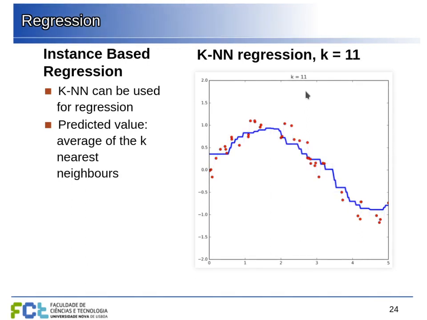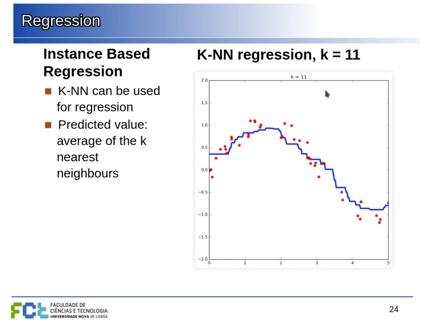So this would be an example with k equals 1, the regression using these points in red. If we use k equals 11, we are taking the average of the 11 nearest neighbors, so we have a line that is a bit smoother and goes between the points. But the idea is the same as with k-nearest neighbors for classification.